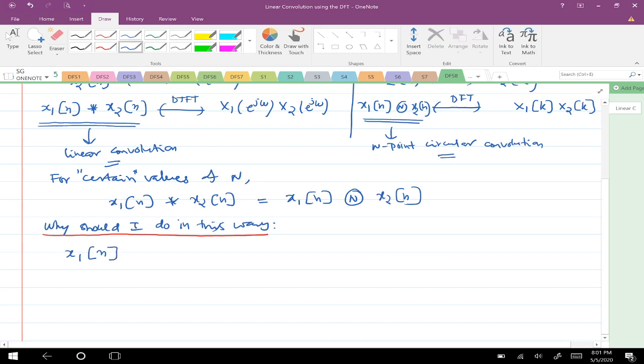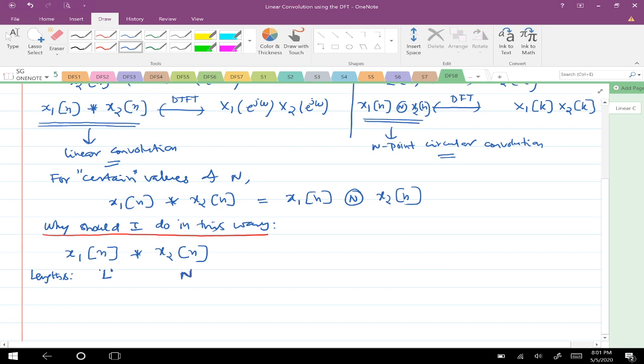So suppose I want to perform linear convolution of two sequences, x1 of n and x2 of n. Assume that the lengths of these sequences are L and n.